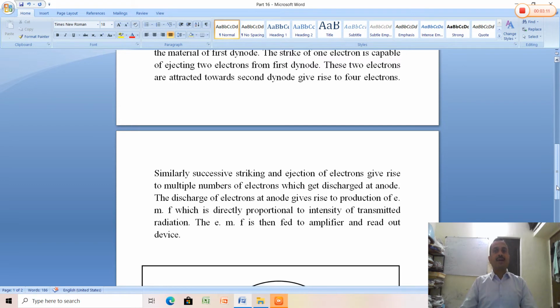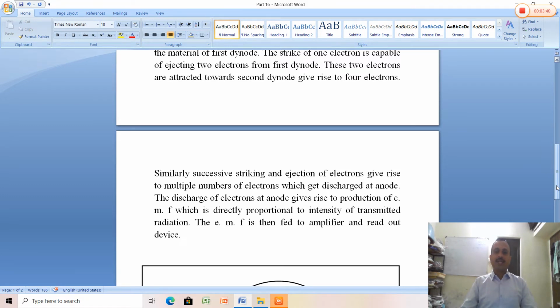The third diode again gives ejection and multiplication of electrons, and these electrons are attracted towards the fourth diode. So a series of diodes is placed, and multiplication of electrons takes place from the successive diodes. Similarly, successive striking and ejection of electrons give rise to a multiple number of electrons which get discharged at the anode.